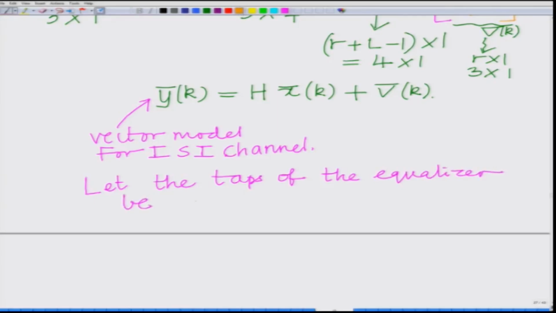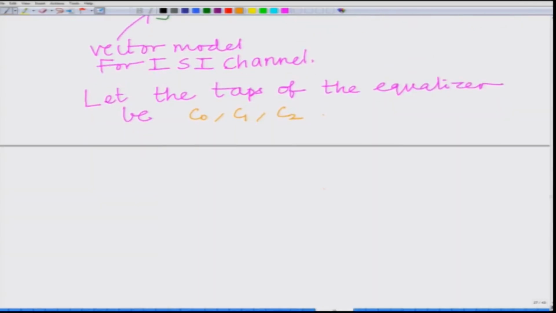This can be denoted by the vector C bar equals C0, C1, C2.